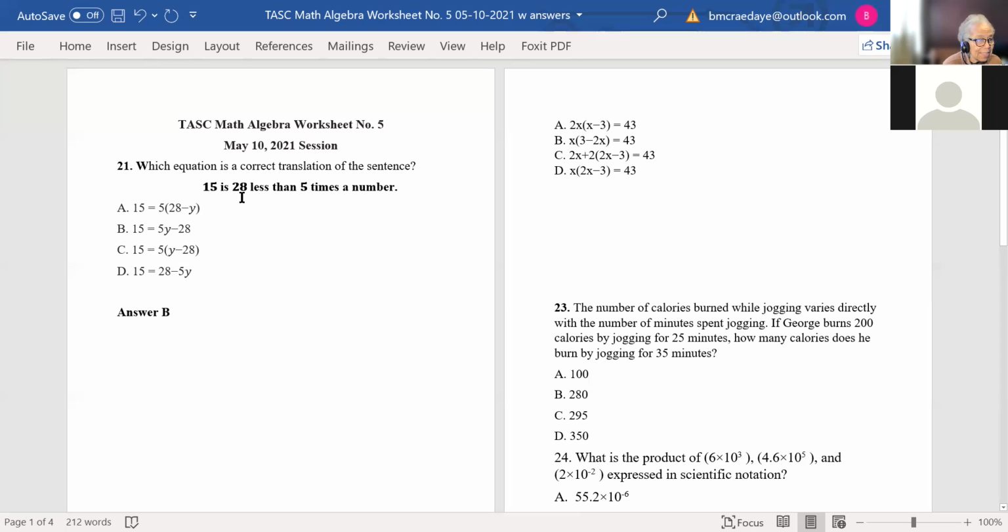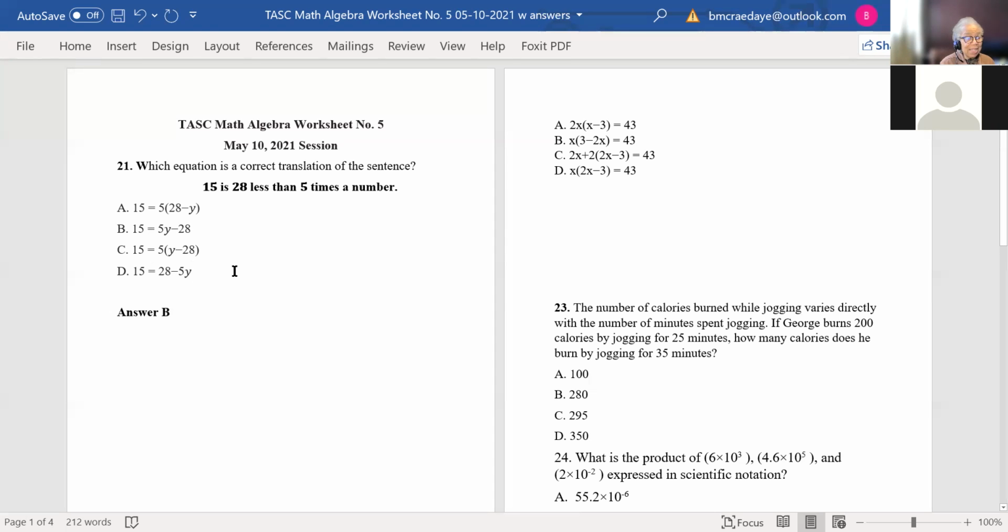So the less would be 5 times a number. The less than would be the 28, and this would be 5 times the number. It would be the reverse. When you say 28 less, that means you're subtracting 28. 28 less than means subtracting 28 from something, and what you're subtracting it from is 5 times a number.